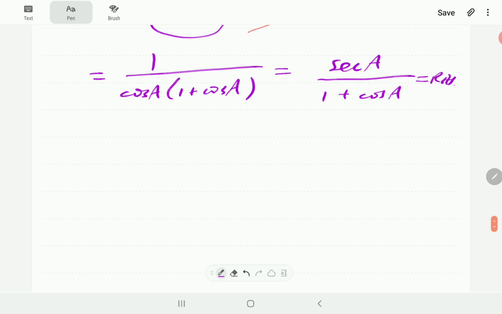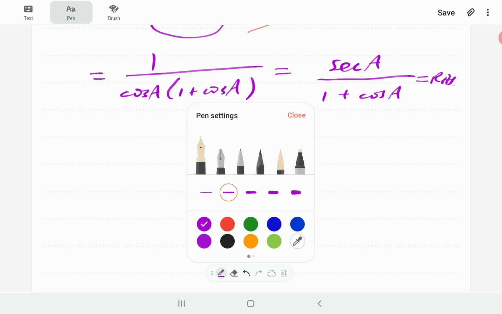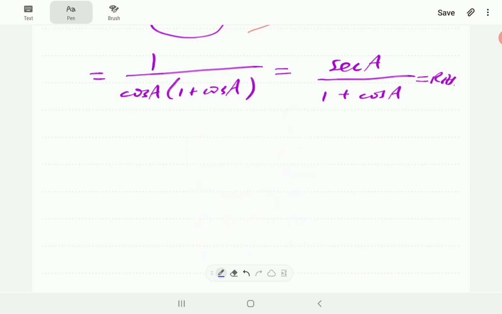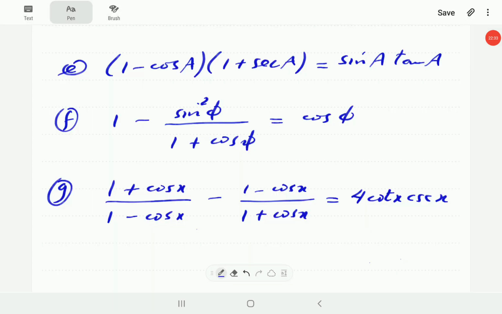Okay, so let's give you 3 to have a go at. Just have a go at these ones here. In E, you've got (1 − cos A)(1 + sec A) is equal to sin A tan A. In F, you've got (1 − sin² φ) over (1 + cos φ) is equal to cos φ.